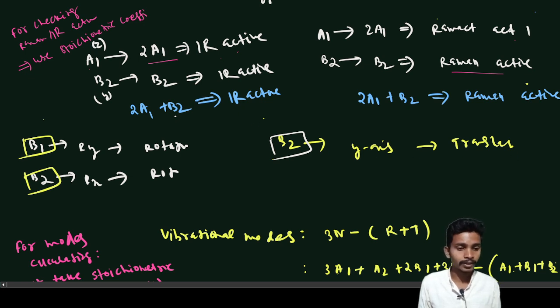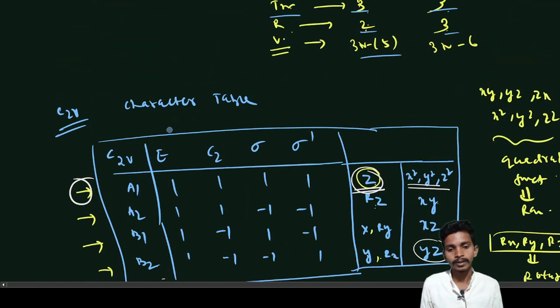And next, both IR and Raman active: both are IR active and both are Raman active, so again 2A1 plus B2 are both IR and Raman active. Okay, so this is about the character tables of the water case.